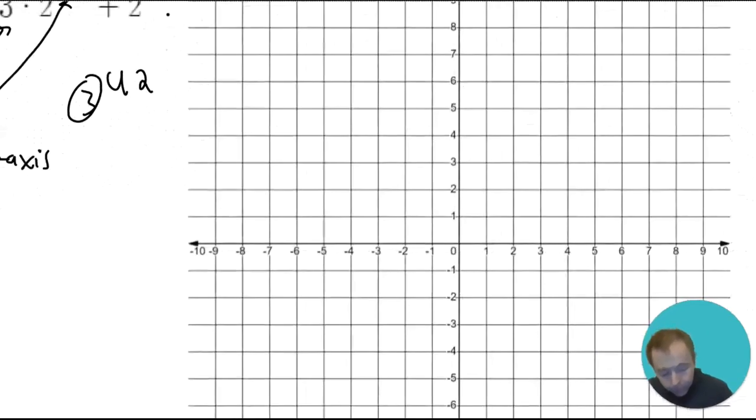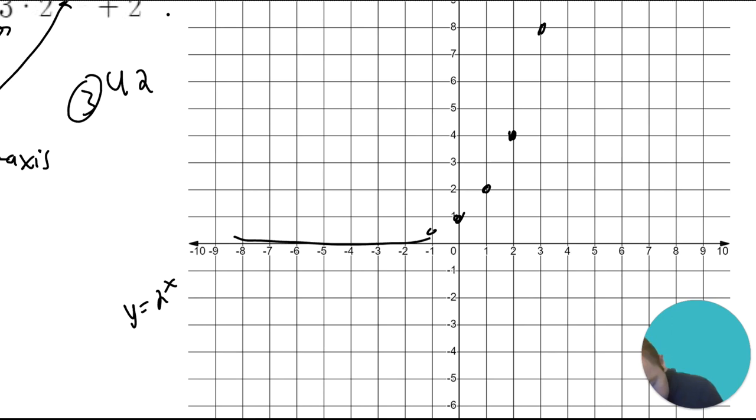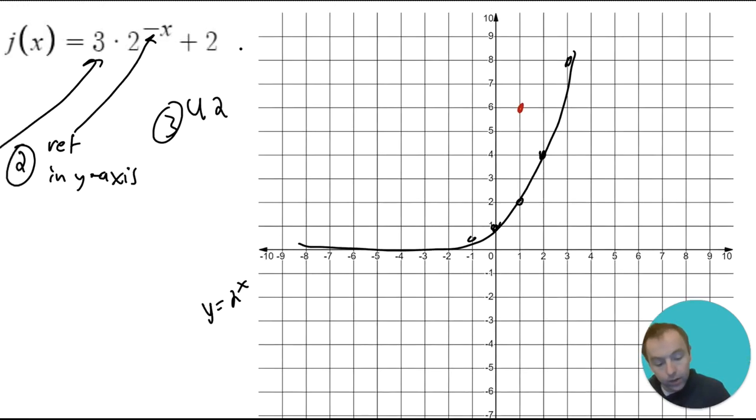So what I'm going to start off by doing here is graphing just y equals 2 to the x to begin with, which will look something like this. Now, the fact that it's stretched by 3 means that you want to triple all the y values. So when it has a y value of 2 right there, it should now have a y value of 6.